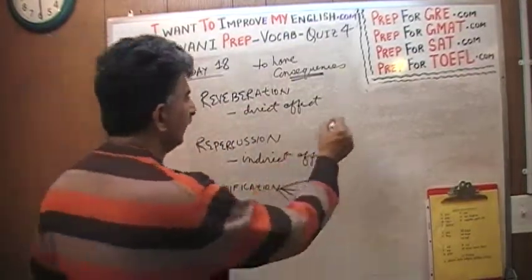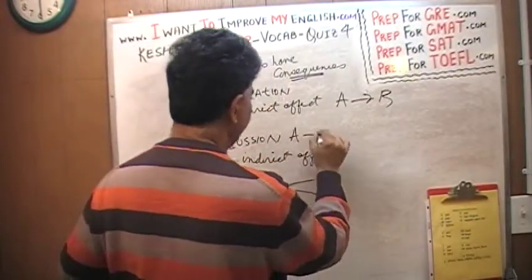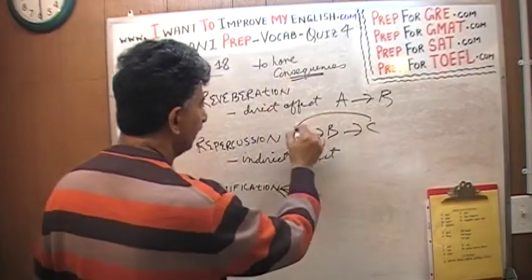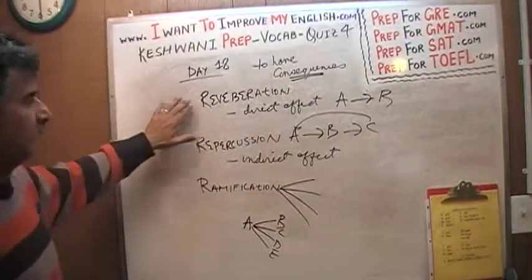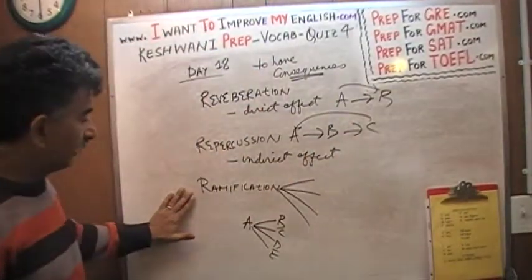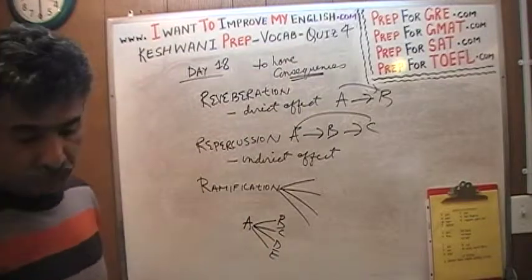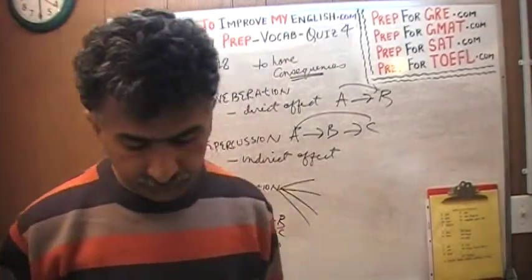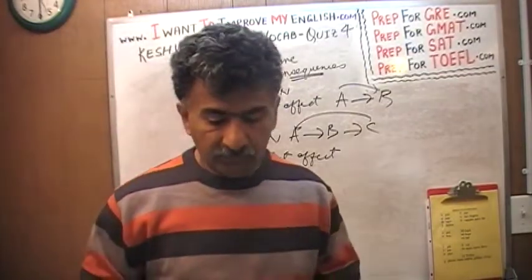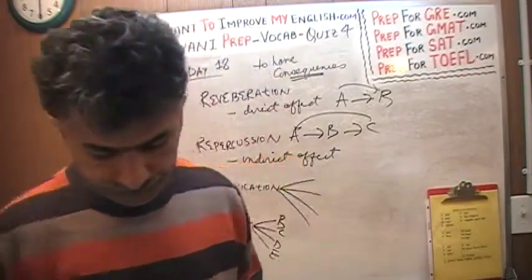The indirect effect is the repercussions. Reverberation is just a direct effect. Ramification is a different story, where as a result of something, a wide variety of numerous different events might take place, and that's called ramification. That's the idea of subdividing, forking, shooting out, partitioning.